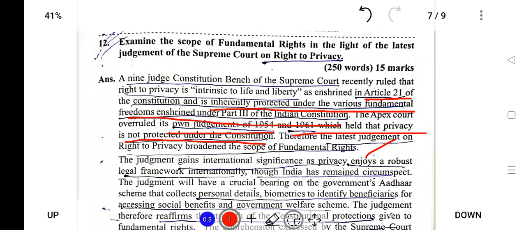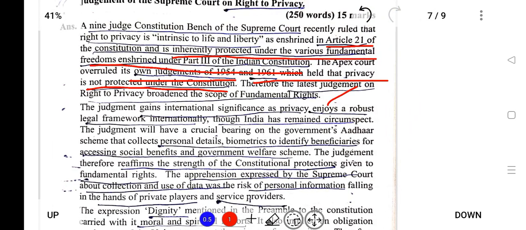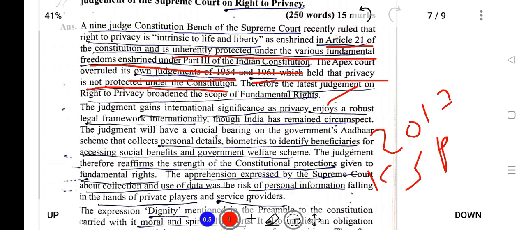This case of right to privacy came with the 2017 Puttaswamy case, Puttaswamy versus the Union of India, where Puttaswamy protested against the use of Aadhaar for various purposes infringing upon the right to privacy.